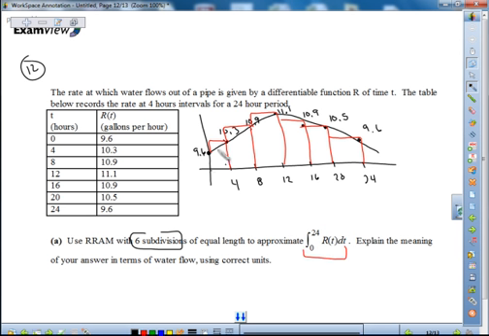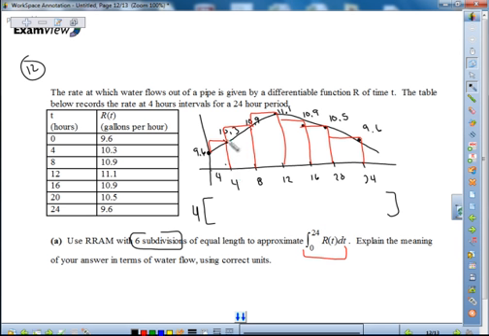So each of the rectangles has a base of 4, so we don't have to worry about that. I'm just going to multiply the 4 at the end, because it's base times height, and everybody's base is 4.